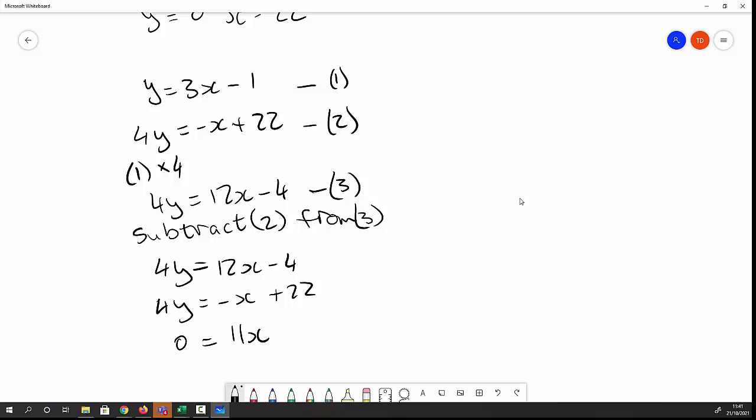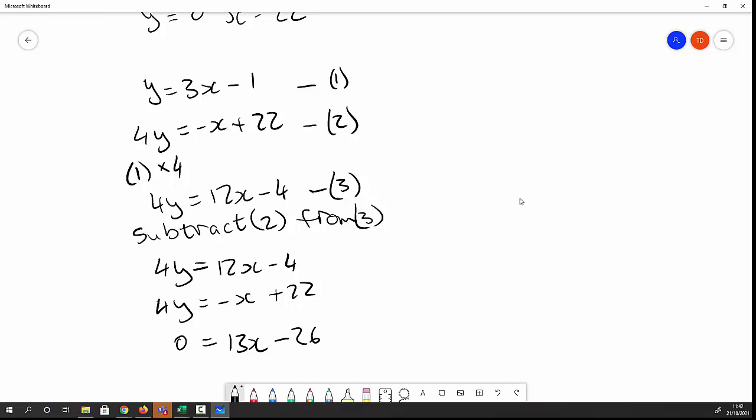I've got it wrong, how funny. 12x minus minus x means that it's not subtracting, it's adding. So excuse me on that one, Control Z. 12x minus minus x is 13x. And then we've got minus 4 minus 22, so that's going to be minus 26.